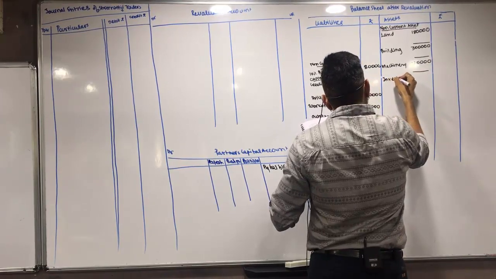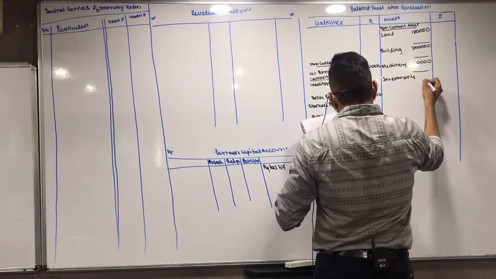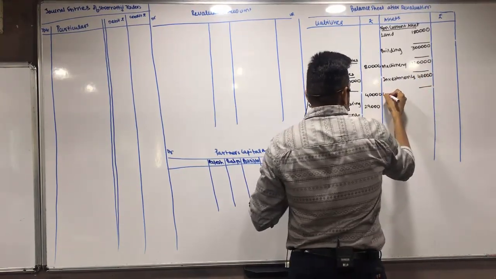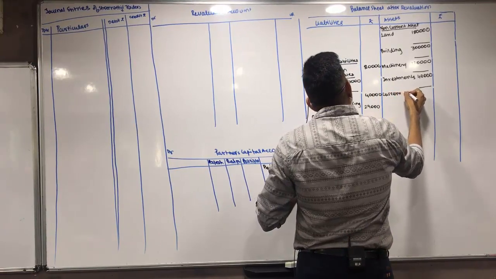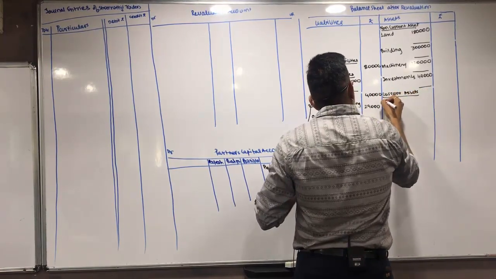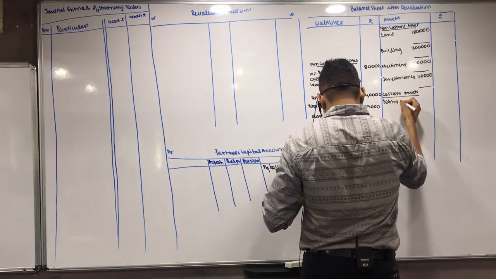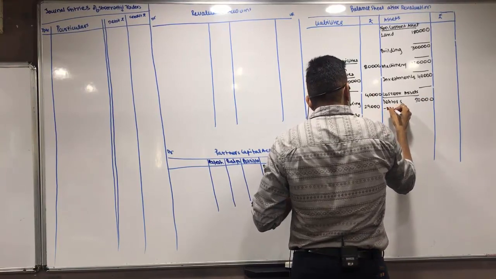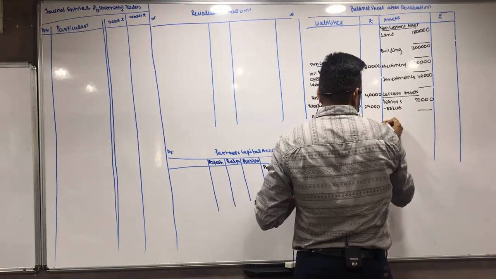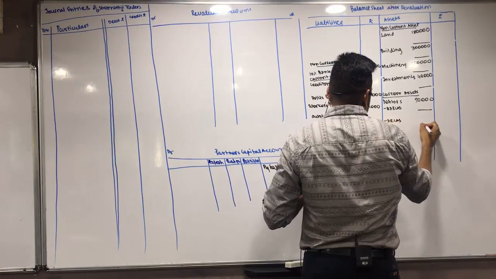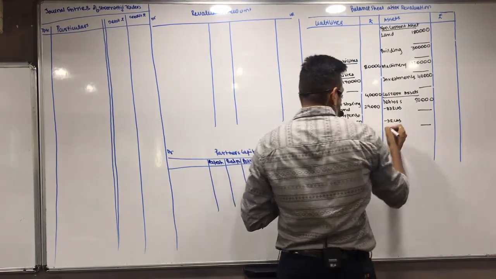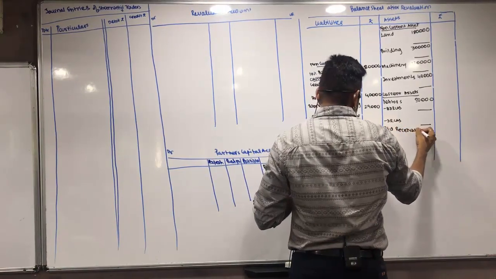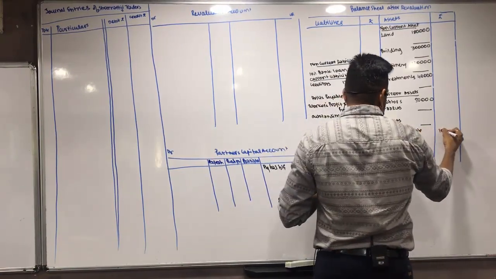Investments 40,000. Current assets: debtors, adjustment in debtors, 50,000 minus bad debt reserve as per adjustment and minus discount reserve as per adjustment. Bill receivable 10,000.